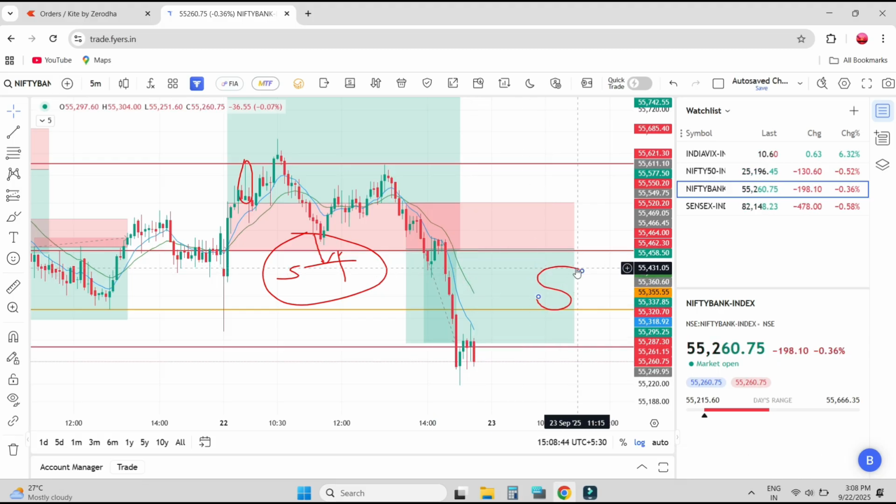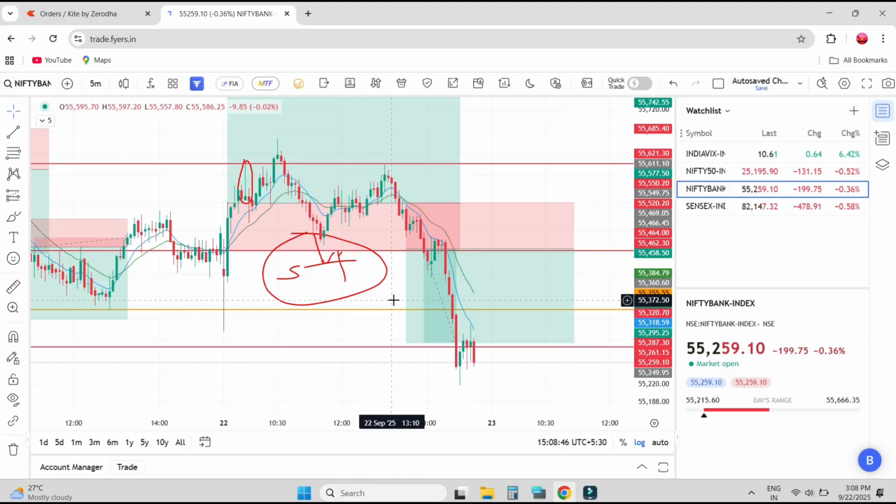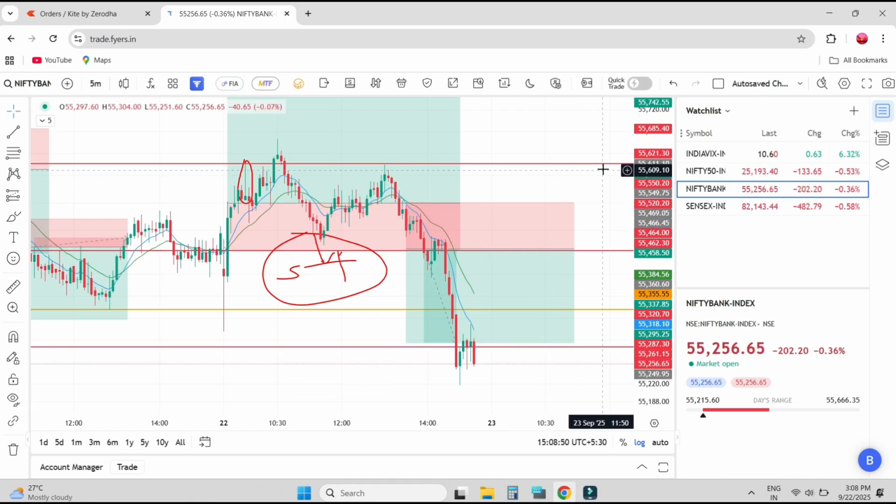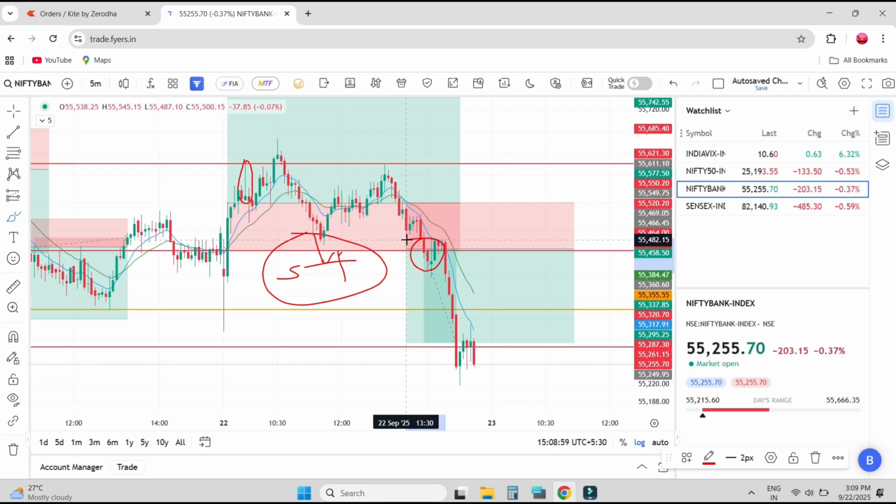You can see here, this level, around 55,450 in Bank Nifty, somewhere around this candle I exited, because it hit my stop loss. Without waiting further, I immediately closed my trade. This is very, very important, and because of this I made a profit.